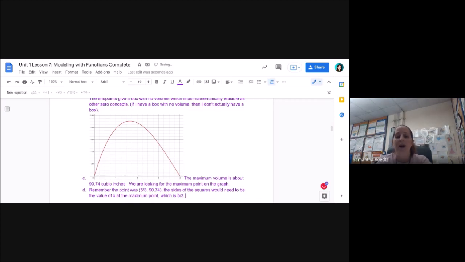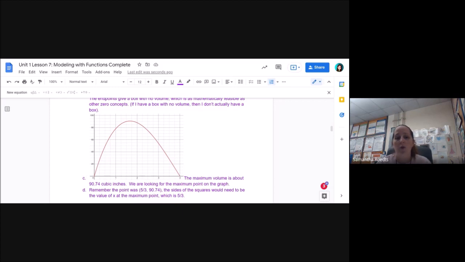Basically, that maximum point tells you your X value, which is the side of the squares, and your Y value, which is the volume of the box. So when I set up this function, Y equals X times (8 minus 2X) times (15 minus 2X), the volume, our Y value, which is 90.74, corresponds to your X value, 5/3, and that will give you your highest volume, depending on your values between 0 and 4.